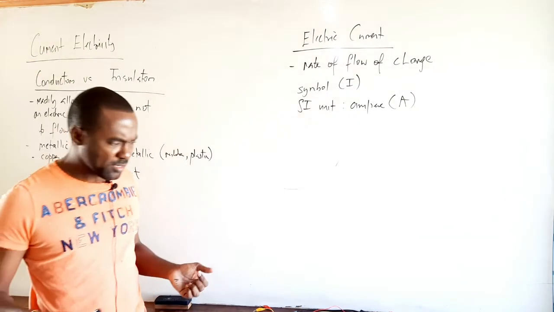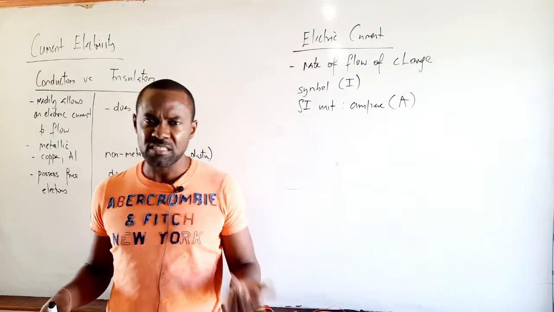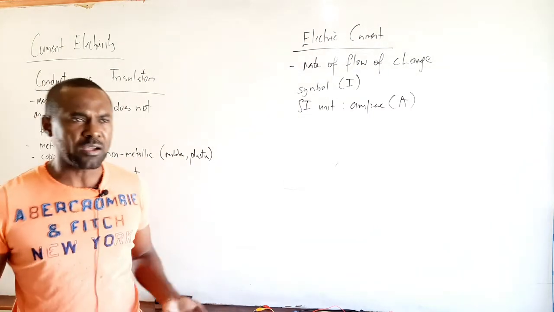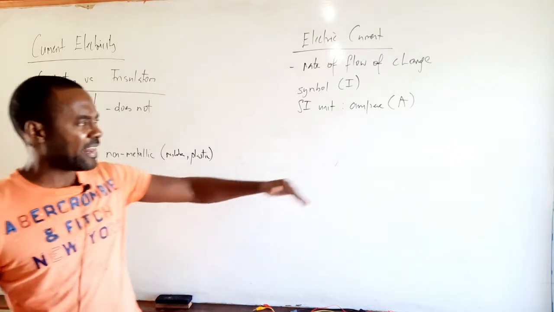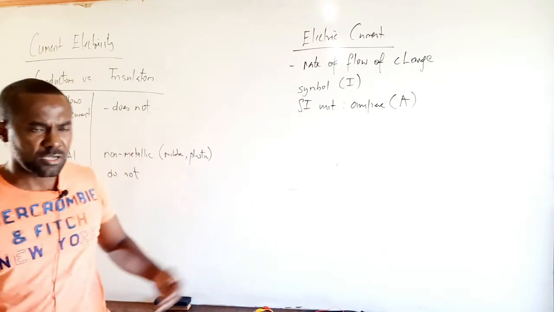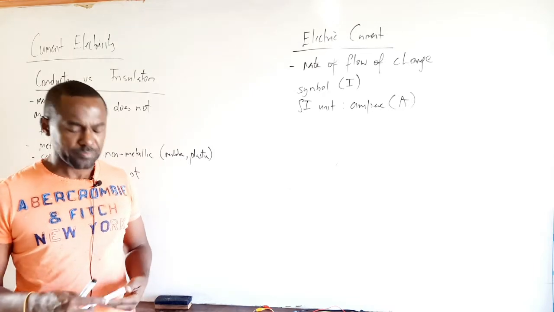There are other situations in which not only negative charges, that is electrons, will flow, but also positive charges. But in the case of metallic conductors, it is the electrons, the negative charge carriers, which are responsible for the electric current flowing.